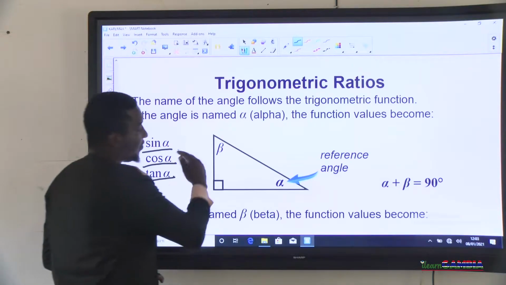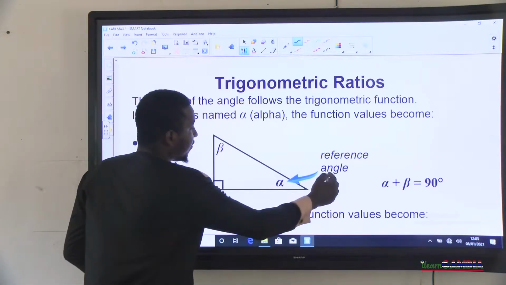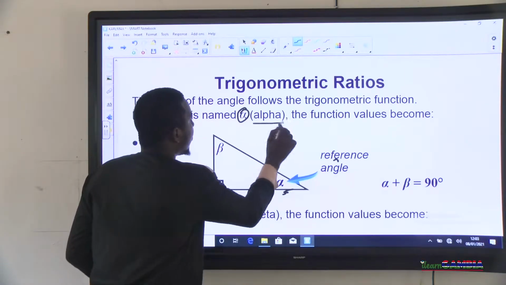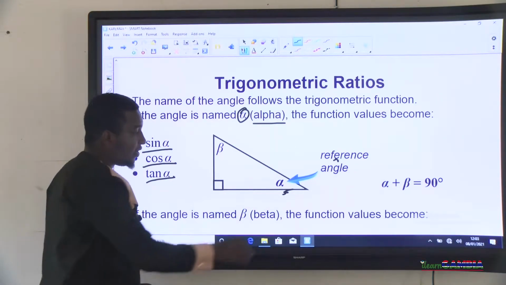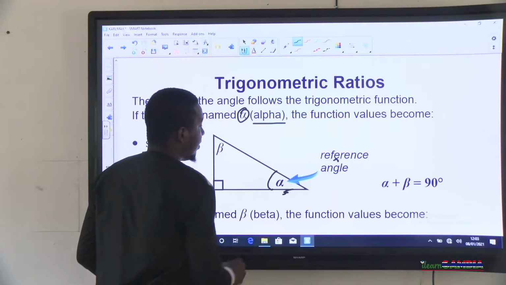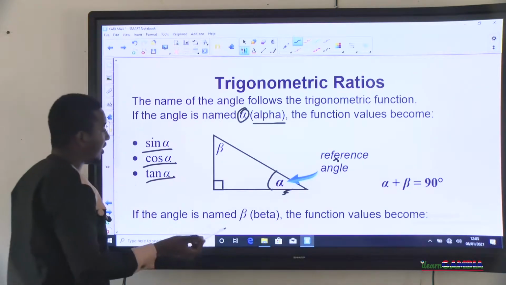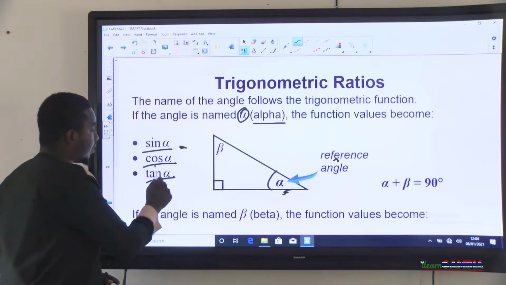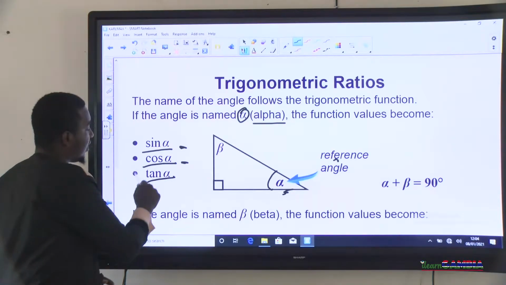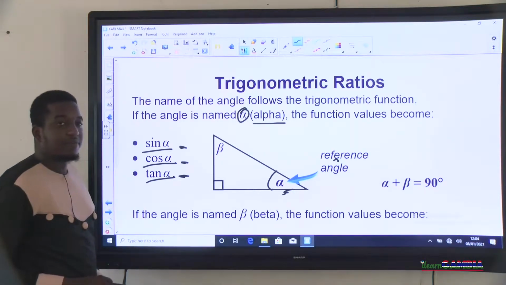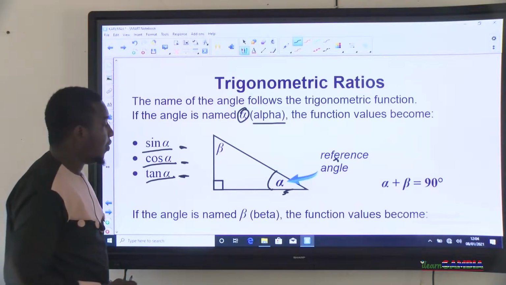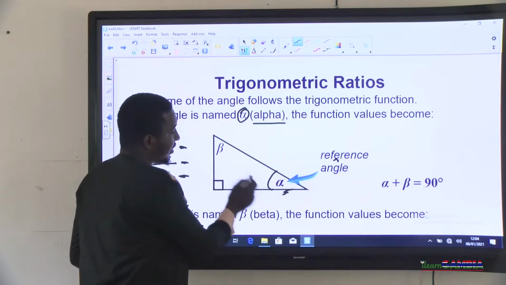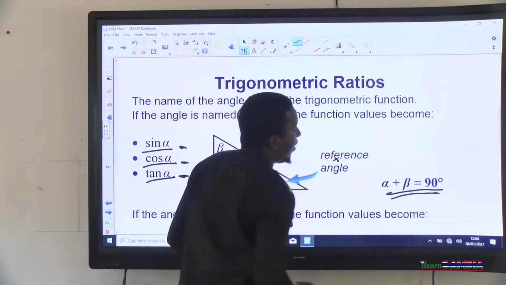That is, if we have the diagram and our reference angle is alpha, that is this symbol here, called alpha, then the trigonometric function we read, if you are dealing with sine, is going to be sine alpha. If you are dealing with cos, it's going to be cos alpha. And if you are dealing with tan, it's going to give us tan alpha. Where if you have a right angle triangle, if you add alpha and beta, it's going to give you 90 degrees.